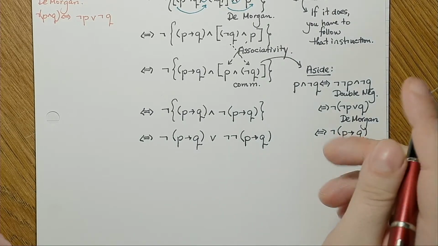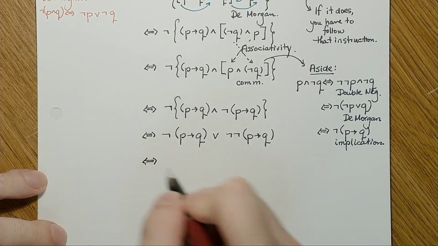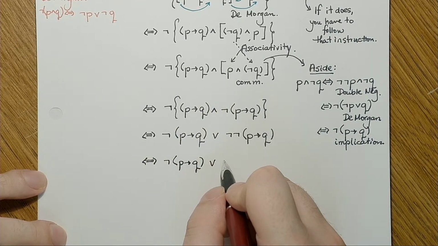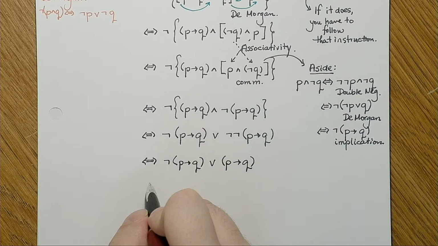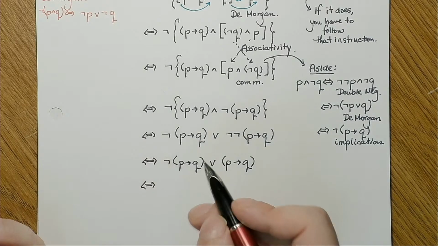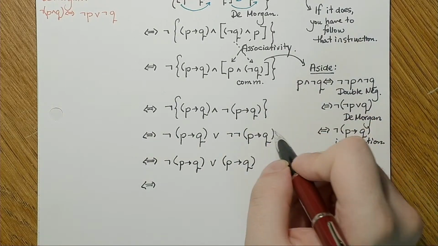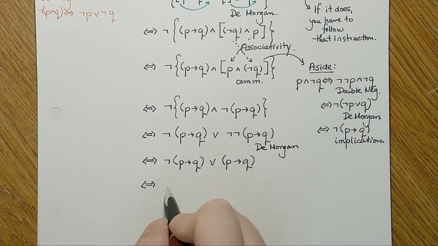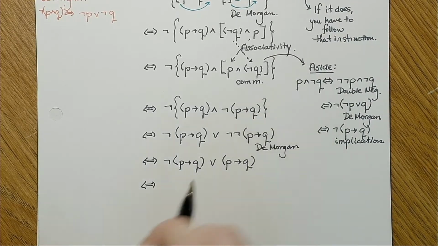Applying this negation to this proposition, this switches to an or, and we get a double negation here. You should know them. I would be trying to commit these to memory. And then lastly, so this is De Morgan. Yes, we did a De Morgan. And then lastly, we have not P or P, well, not R, or you can think of it like that.